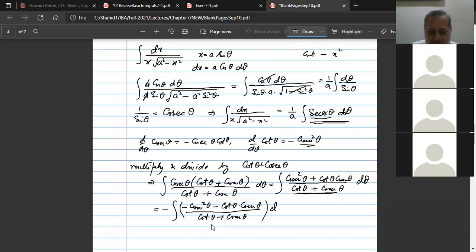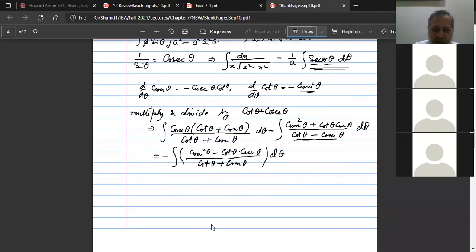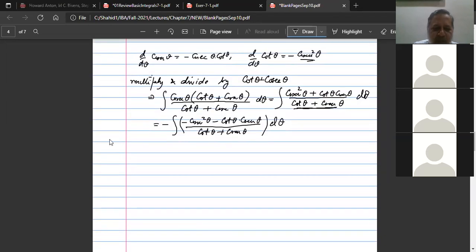And now I look at an interesting pattern and I say that let t is equal to cot theta plus cosecant theta. That makes dt look like what? Derivative of cotangent, minus cosecant square theta, derivative of cosecant, minus cosecant theta into cotangent theta d theta.